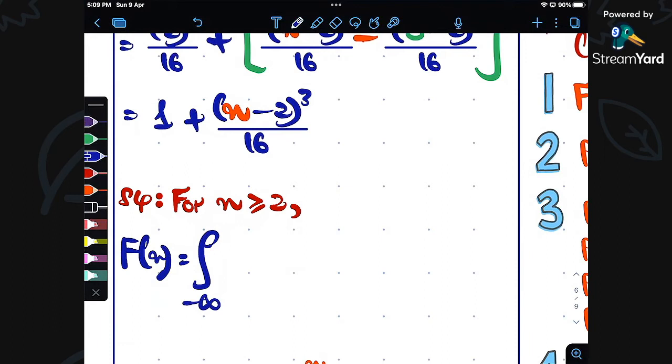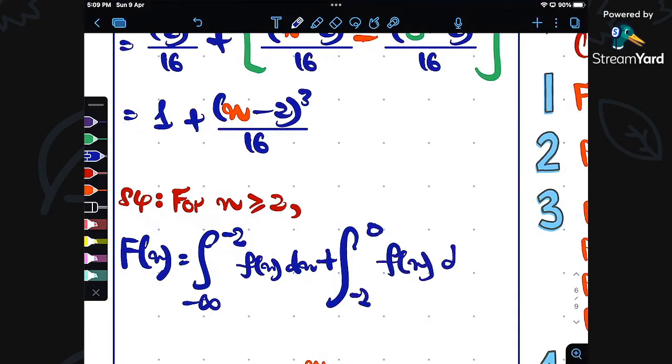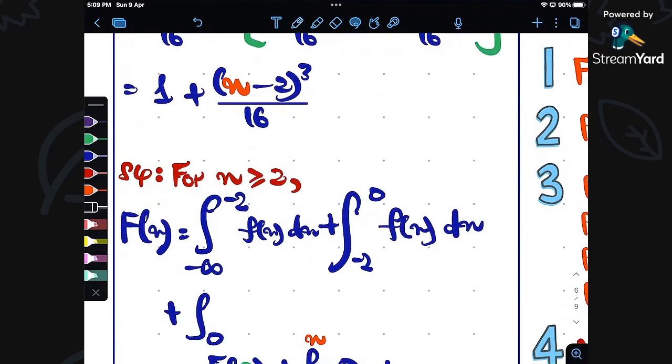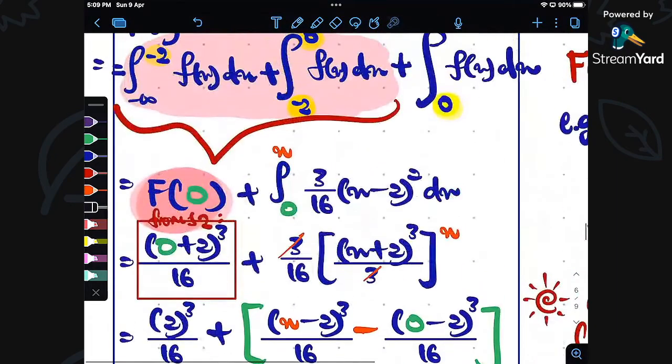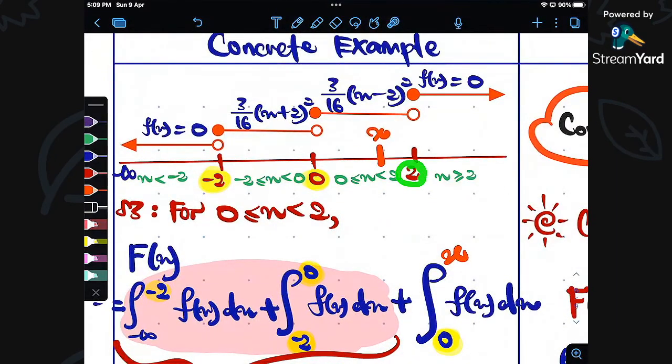That's the process. It passes through negative 2, then from negative 2 it passes through 0, and then from 0 it passes through 2 before going to the fourth region.